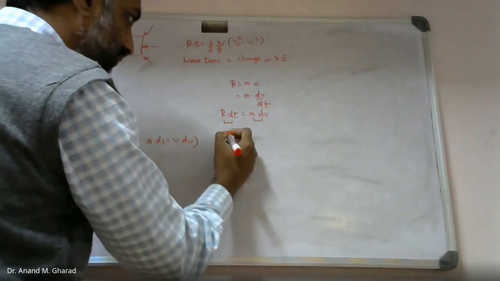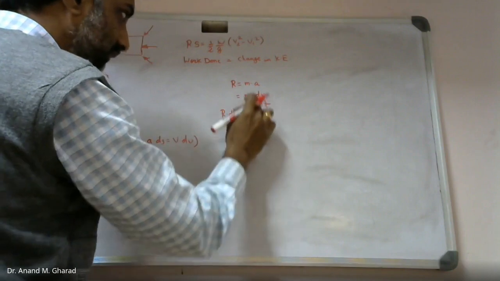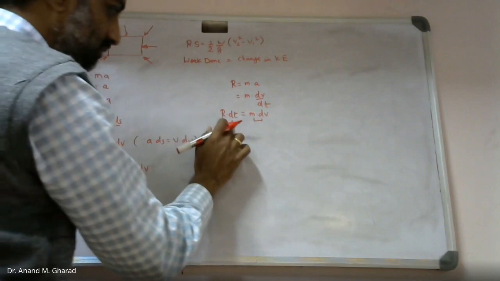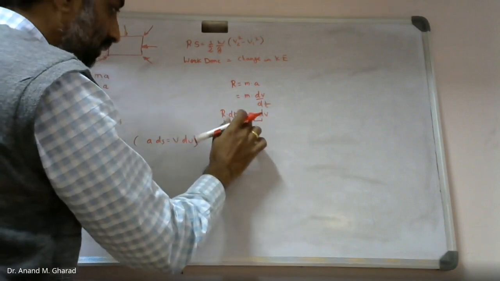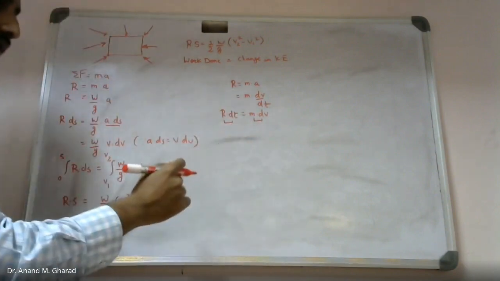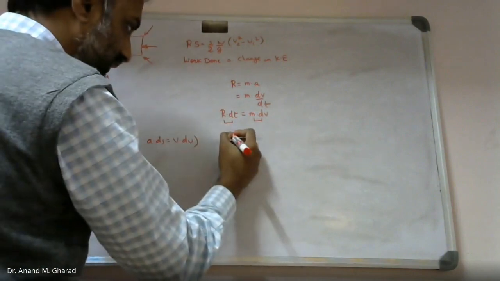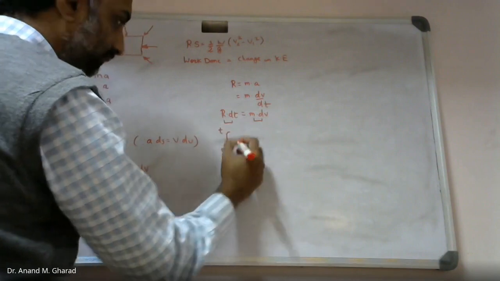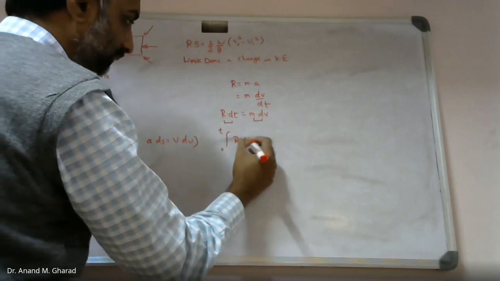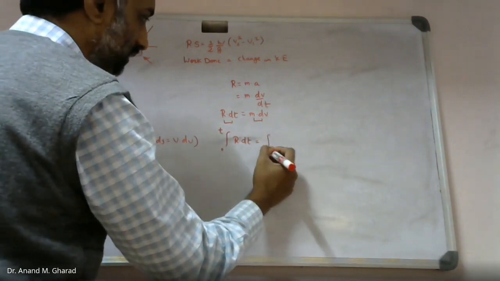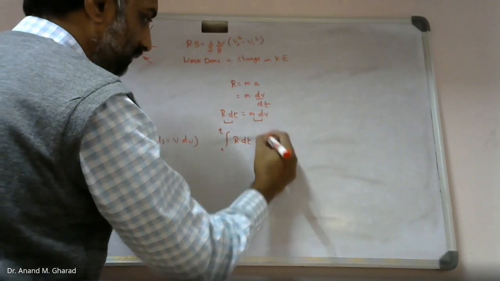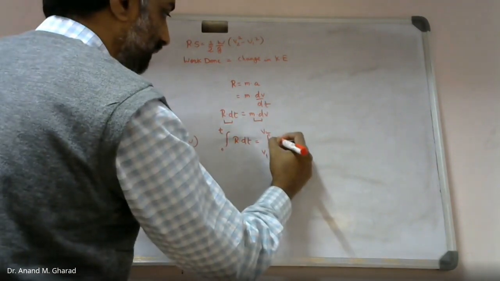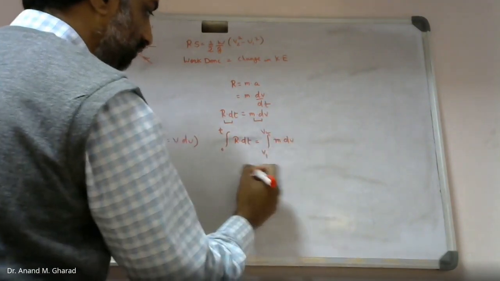So this equation, whatever we have found out with respect to rearrangement of the terms, is known as the impulse momentum equation. It can be expressed on a larger scale by integrating from 0 to t, R into dt is equal to, again, some initial velocity to some final velocity. So let me say m into dv. So what do we get?